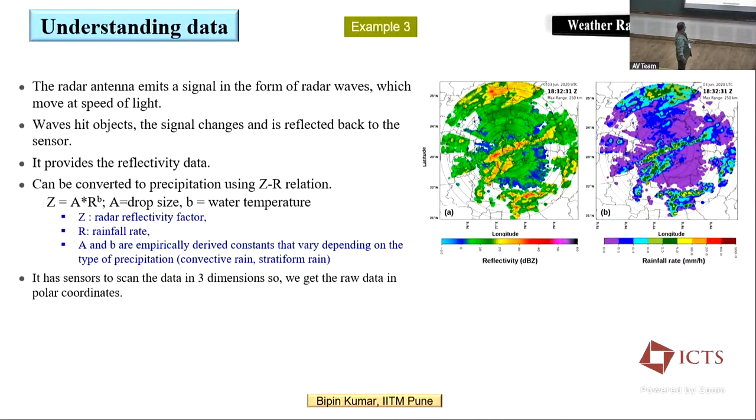So people have a formula, which I am not going into in detail. But what I am saying is, if you are working directly, you first have to convert from reflectivity to precipitation if you really want to give a nowcast of the precipitation. Otherwise, you can go directly for the reflectivity as well.